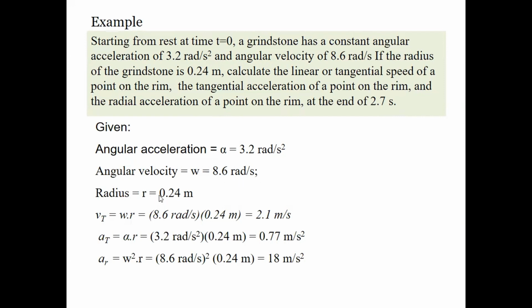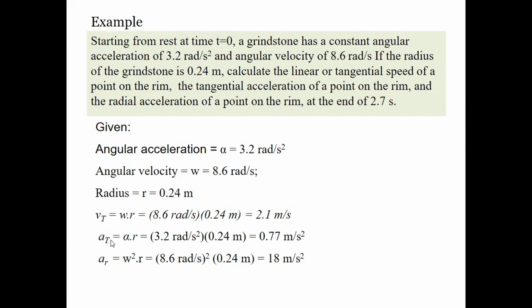The radius of this grindstone is given as 0.24 meters. So we can calculate the tangential velocity equal to omega times r, and we know omega and r, so we get 2.1 meters per second, the velocity.